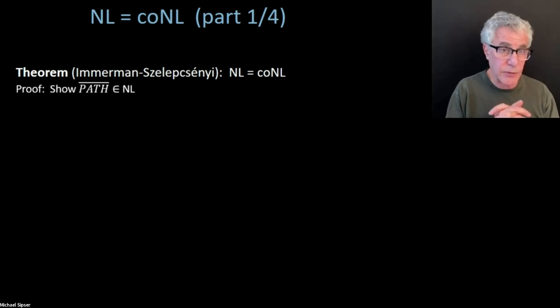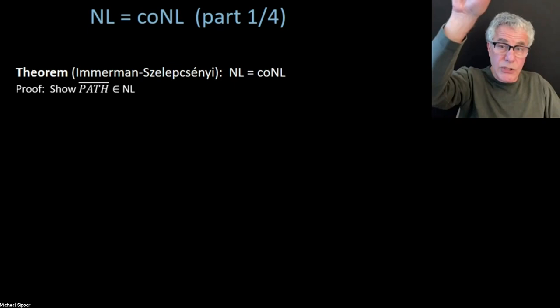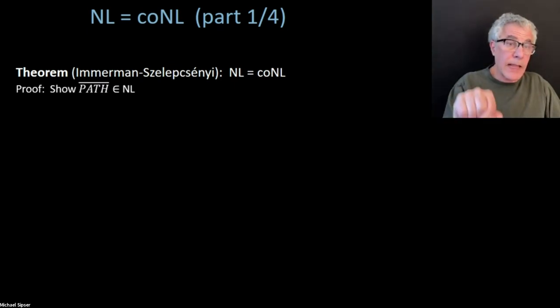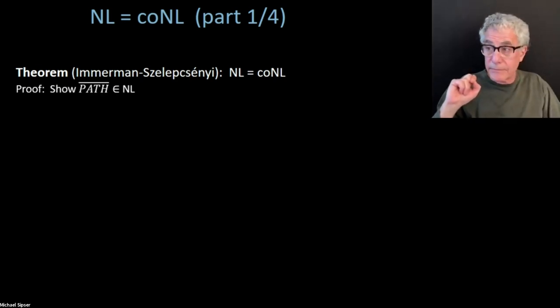You can't do that with a non-deterministic machine. If you're thinking that's allowed, go back and review non-determinism. So you want to make a non-deterministic machine which accepts when there's no path. Some branch is going to make a sequence of guesses, and it has to be sure that there's no path, and then it can accept.